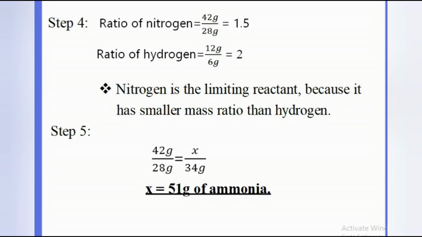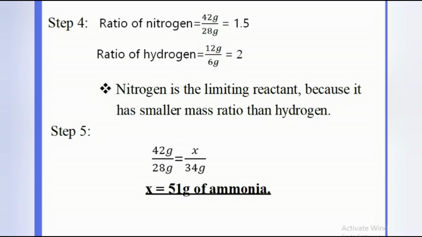Therefore, to identify the limiting reactant or the excess reactant, we determine the mass ratio of each reactant and compare the result. As you observe from this step, the ratio of nitrogen is 42 grams divided by 28 grams, which is equal to 1.5.